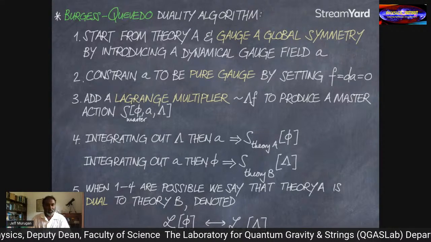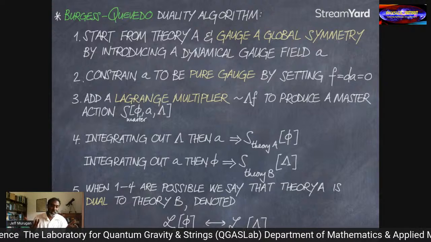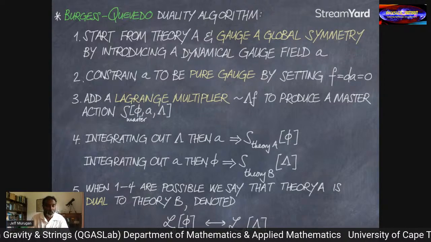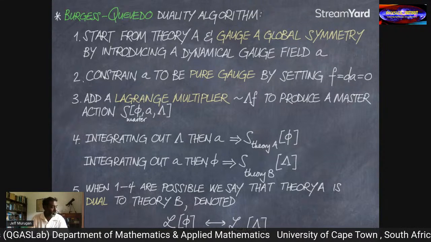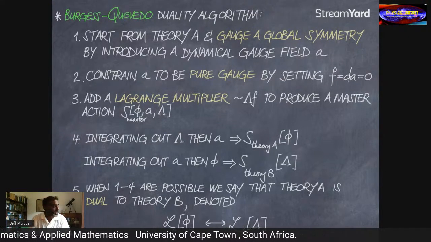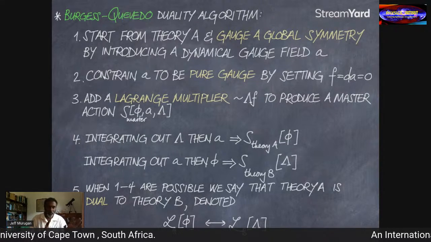Then I gauge that symmetry. What that means is making that symmetry local, and it requires adding in a gauge field. And that gauge field has to be a dynamical gauge field, so I need to introduce some kinetic term for it. In 3 dimensions, I have 2 options of kinetic terms, unlike in 4 dimensions where there's only 1.